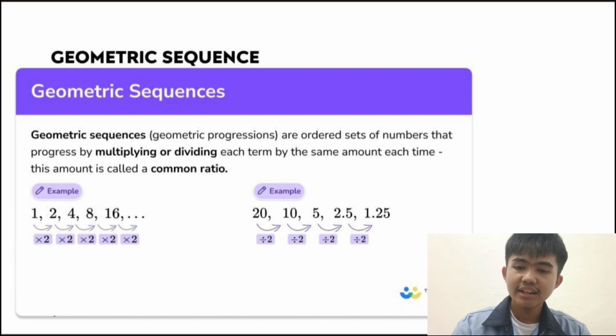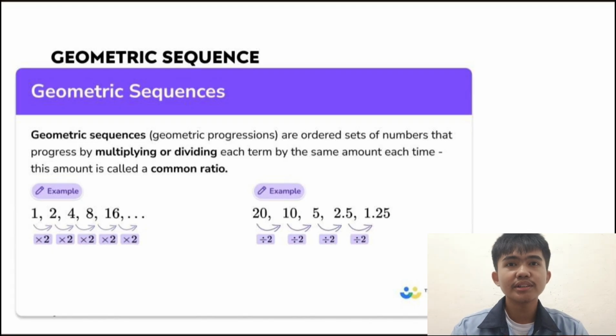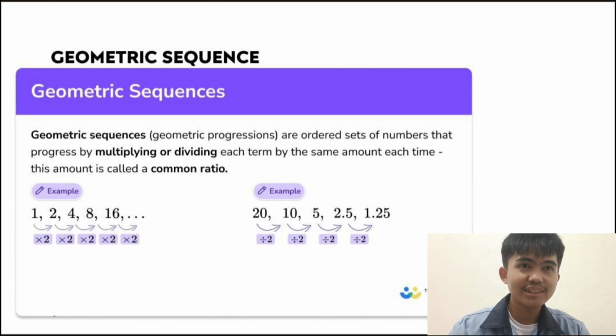And sa ilalim niya ay makikita nyo kung ano ang ginagawa upang mag-times 2 ito. So, 1 times 2 equals 2, 2 times 2 equals 4, 4 times 2 equals 8, 8 times 2 equals 16. So, it is times 2, so you can get the next term of the sequence.